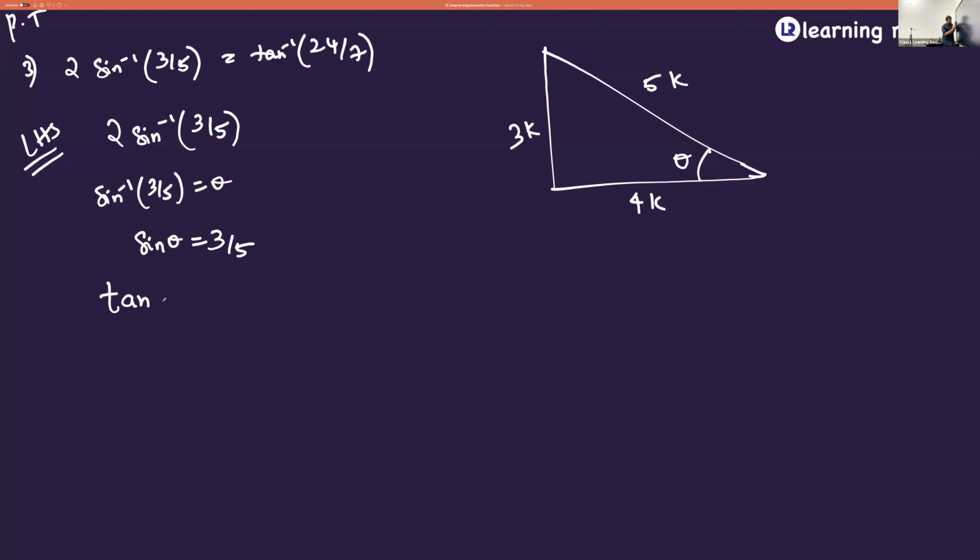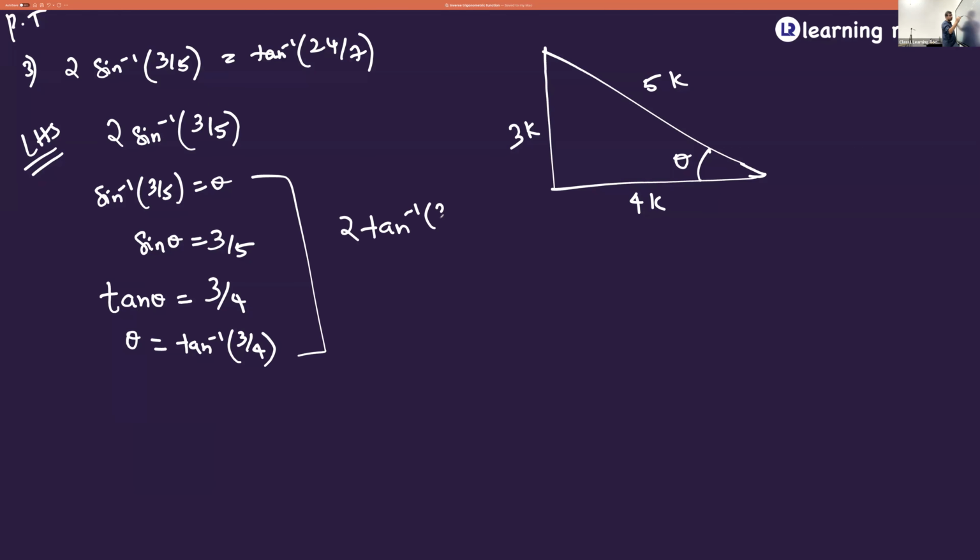Then what is tan theta? 3 by 4. So what is theta? Tan inverse of 3 by 4. Meaning, wherever I have sine inverse 3 by 5, I can replace it with tan inverse of 3 by 4, because they both are connected. So 2 times tan inverse of 3 by 4.